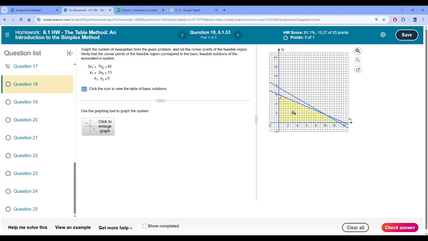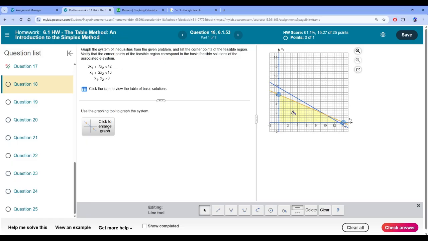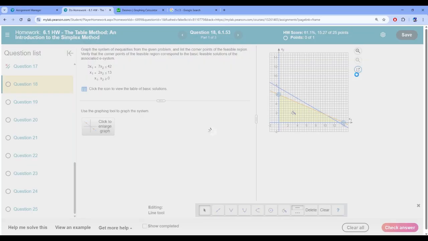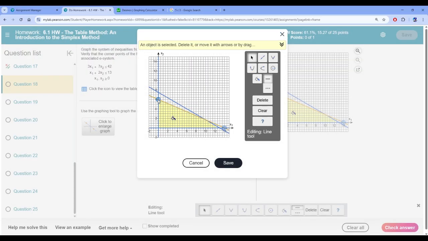42 divided by 7 is 6. 42 divided by 3 is 14. Let's see, that's (0, 0), (0, 6), (14, 0). This one should be (13, 0).